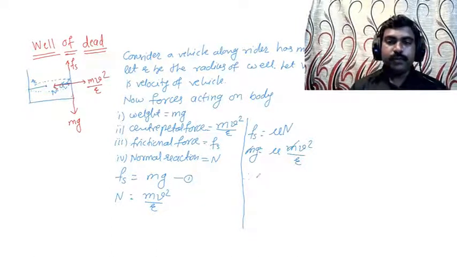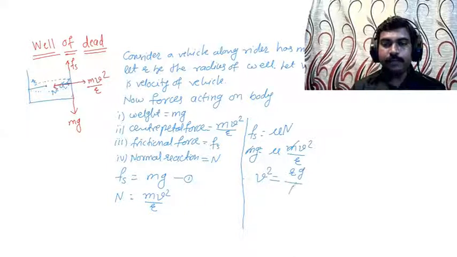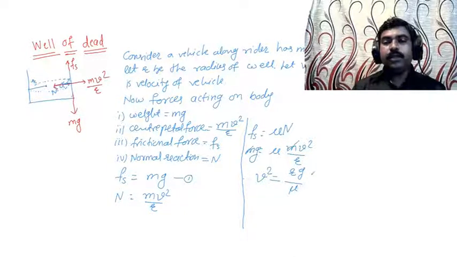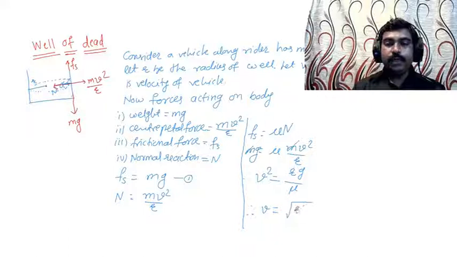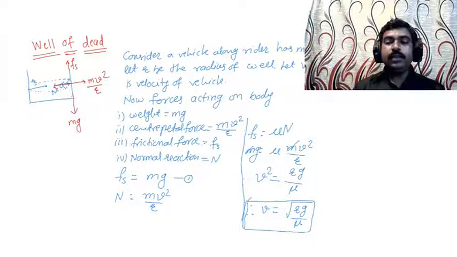Therefore v square is equal to rg divided by mu. So v is equal to the square root of rg divided by mu. This is the speed with which you have to ride your bike or vehicle in the well of death, else you will slip.